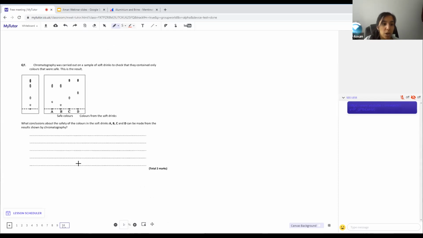Okay, so we will do this as our last question and we'll finish up. Chromatography was carried out on a sample of soft drinks to check that they contained only colours that were safe. This is the result. What conclusions about the safety of the colours in the soft drinks A, B, C, and D can be made from the results shown by chromatography?